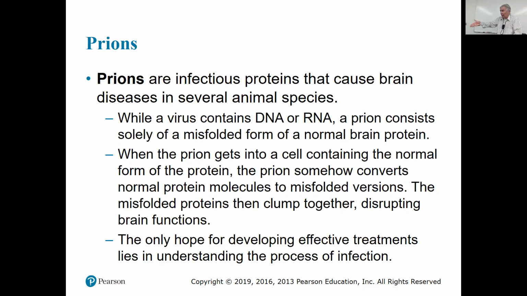These are proteins from the nerve tissue of an infected animal that get into the brain, and they're misshapen, and they persuade other brain proteins to become misshapen, and it destroys the animal's brain. Converts normal proteins into misfolded versions. Misfolded proteins come together, disrupting brain functions, and the only hope lies in understanding the process of infection and not eating infected material.